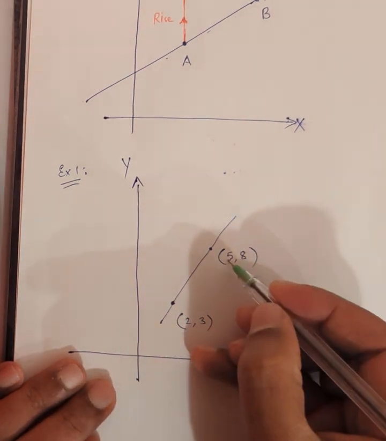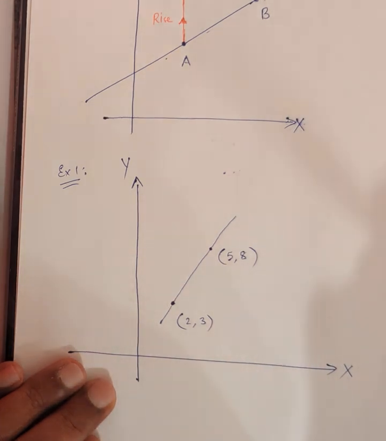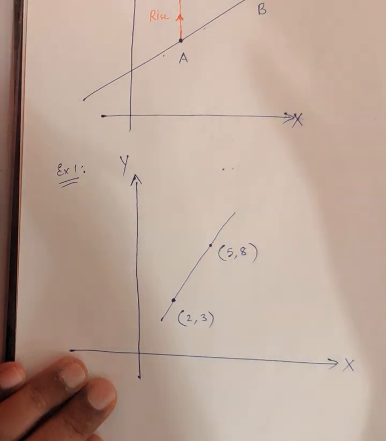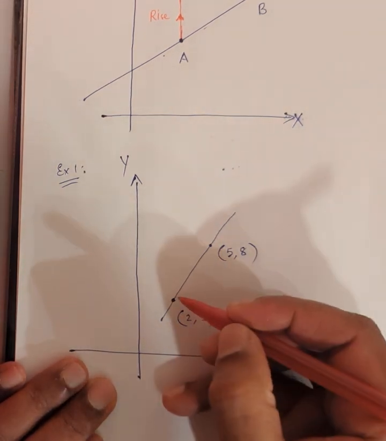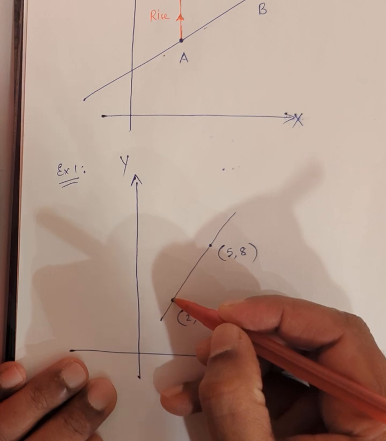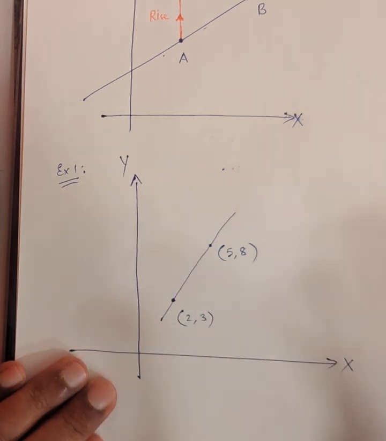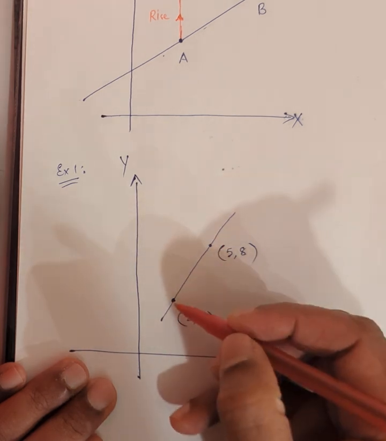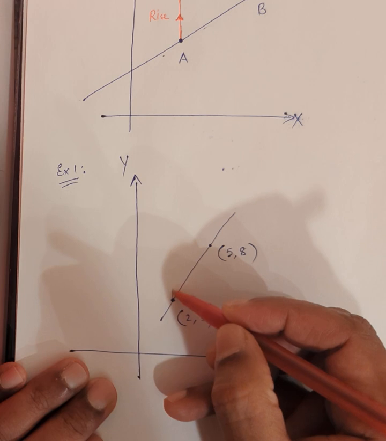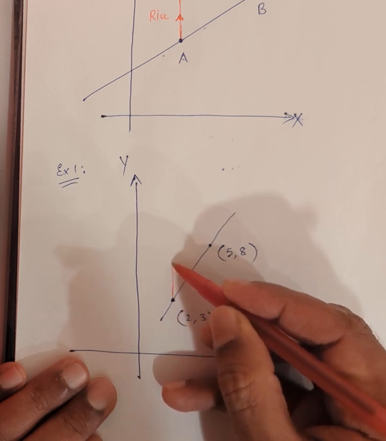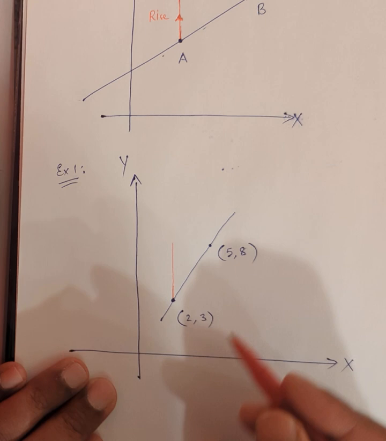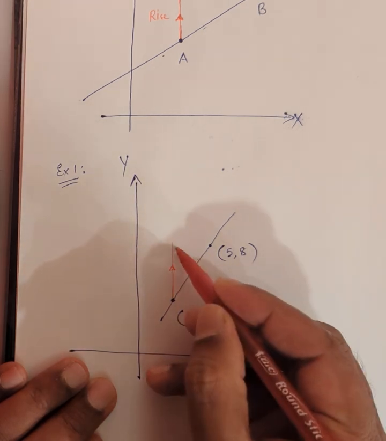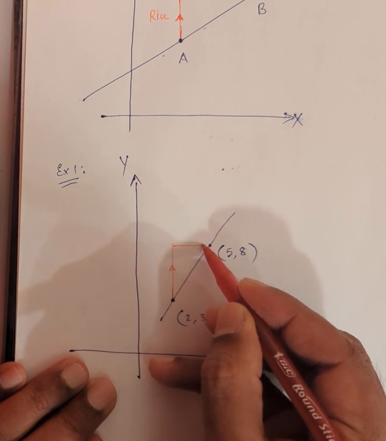So if this line has these 2 points, then to find the slope, I need to go from the first point to the second point. And usually I like to travel from the left point to the right point, because that way I can be sure that the run will always be positive. So in this case, I'll be going up first and then I'll be taking a right turn.